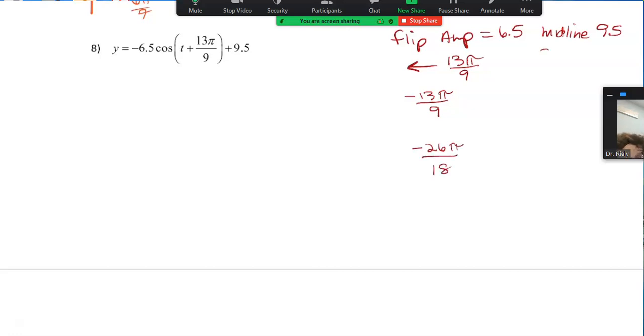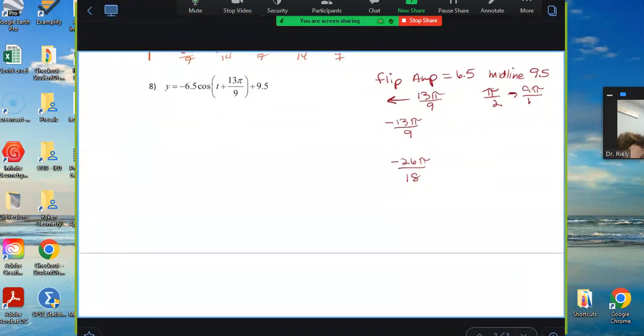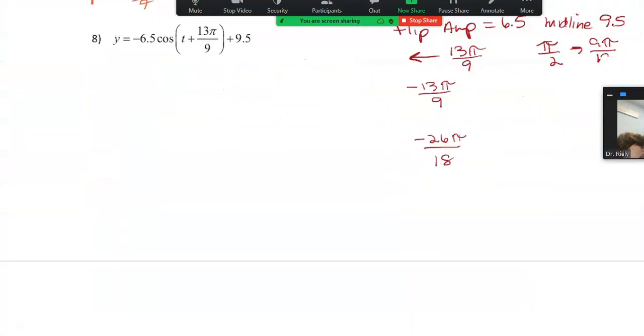Okay, I want to add pi over 2 each time, but I'm going to add it as 9 pi over 18. Okay, so here my first angle right now is going to be negative 26 pi over 18. My next one, if I add 9 to it, is negative 17 pi over 18. Then I have a negative 8 pi over 18.